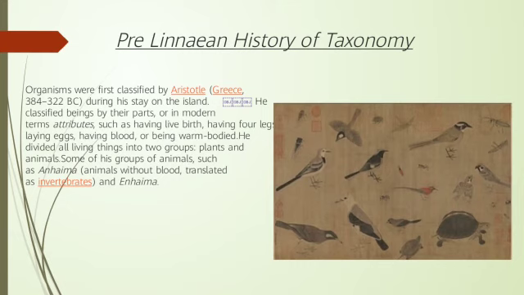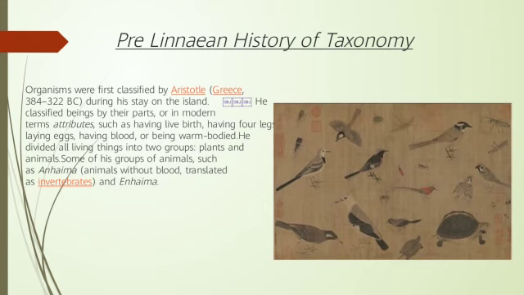I will firstly describe to you that Aristotle was the first who described this world. So Aristotle, staying on the island, classified animals and plants into two different groups by describing their birth patterns, their physical features, their reproductive systems, or being warm blooded or cold blooded.